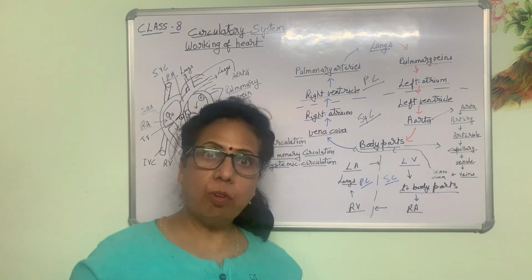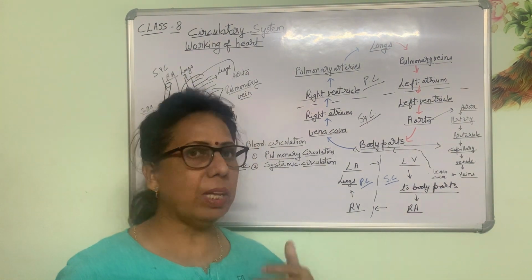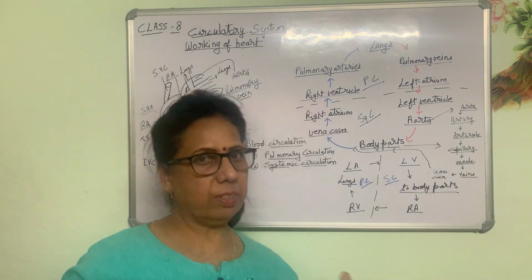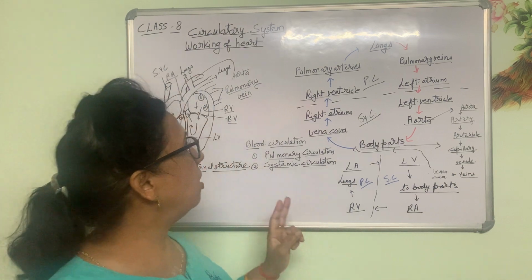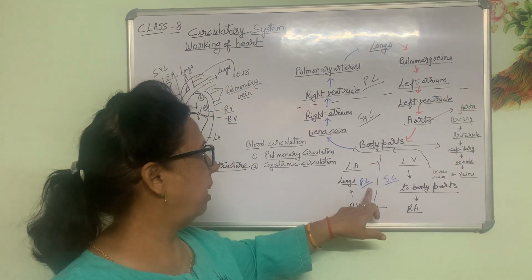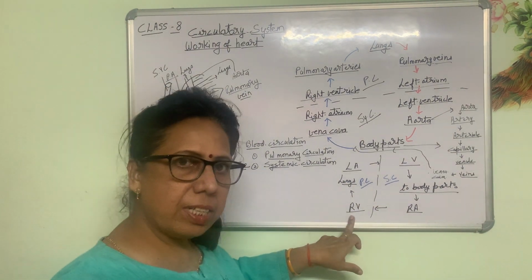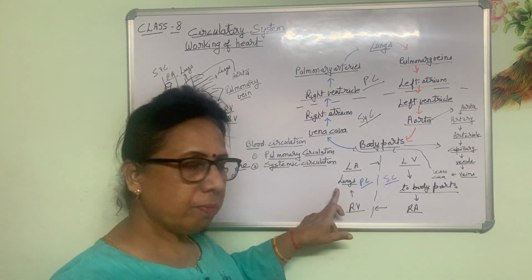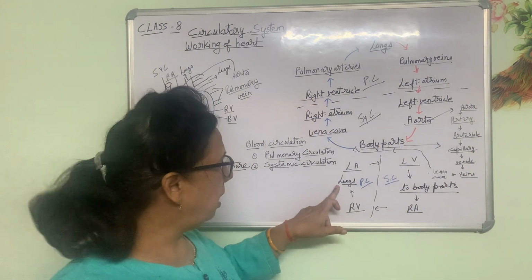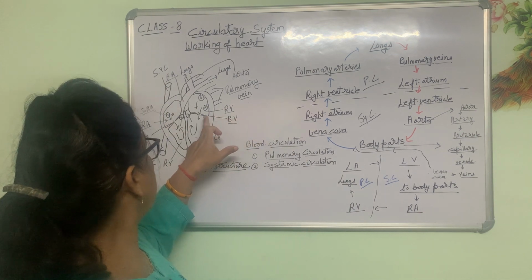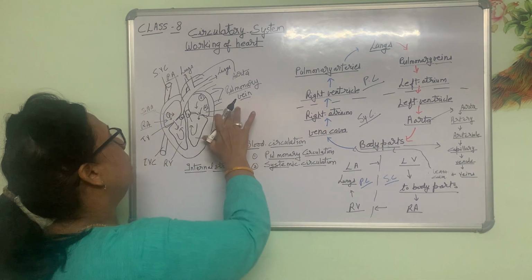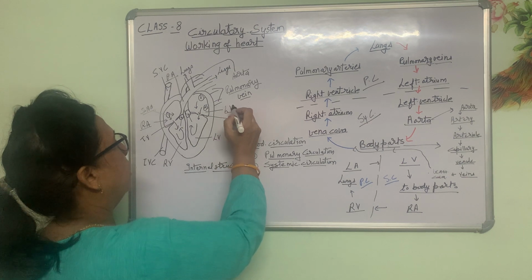So the blood goes from the heart to the lungs and from the lungs back to the heart. This cycle is called the pulmonary cycle. From the right ventricle, blood goes to the lungs where it is oxygenated. Then oxygenated blood comes to the left atrium.